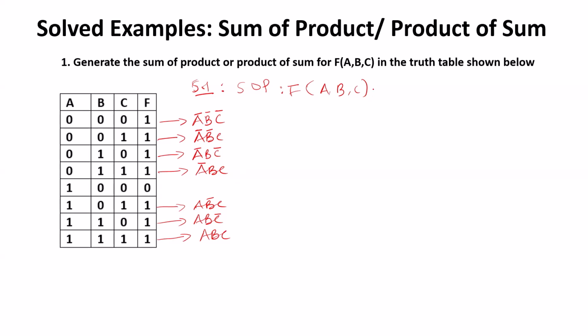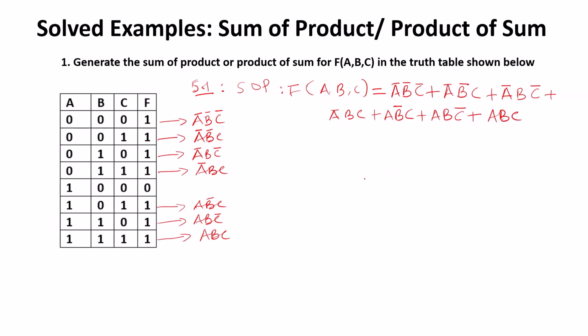And so the result, the sum of products we are looking for, SOP, is A bar B bar C bar, plus A bar B bar C, plus A bar B C bar, plus A bar B C, plus A B bar C, plus A B C bar, plus A B C.